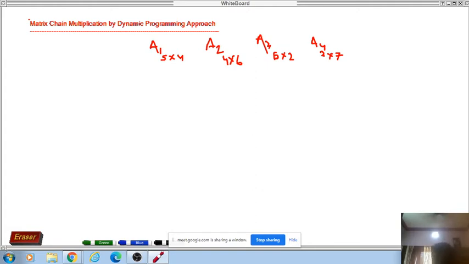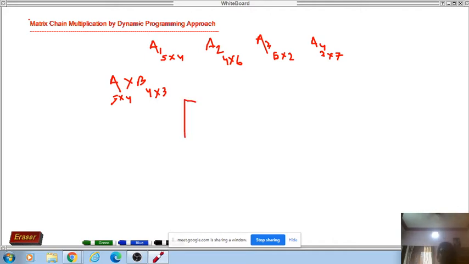The question is, if you simply multiply, let's say A is a matrix and B is another matrix. A is of order 5 by 4 and B is a matrix of order 4 cross 3. So when we multiply these matrices, how is it possible?